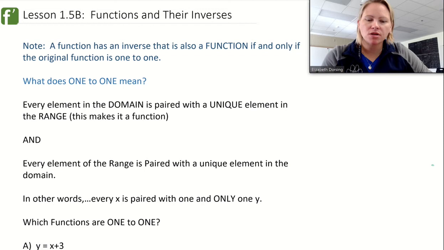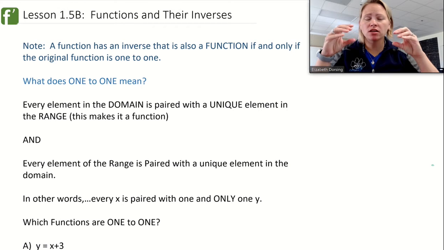So let's talk a little bit about what it means to be a function. We always start with a relation, right? A relation can be an equation, a table, or a graph, but basically you're taking two different variables and talking about the relationship between them.